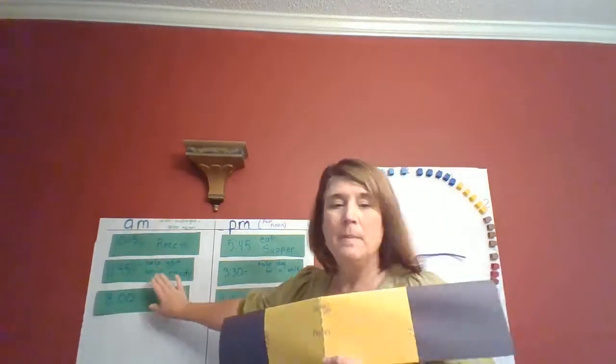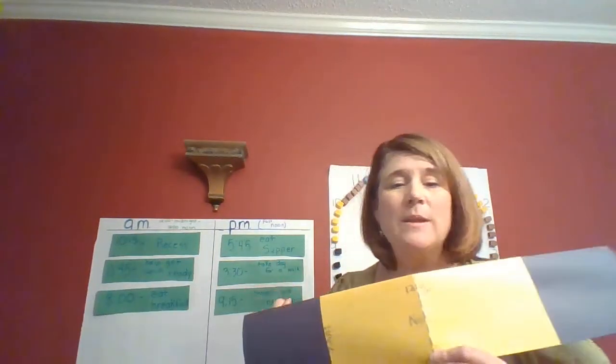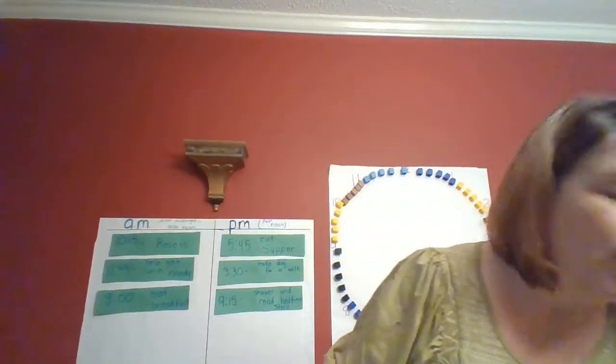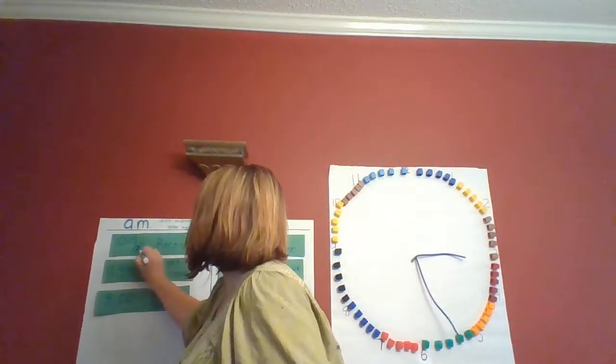So our day is divided into AM and PM. And when you read that clock, you have to put that label of AM and PM on there to show that this is 10:15 in the morning, AM.